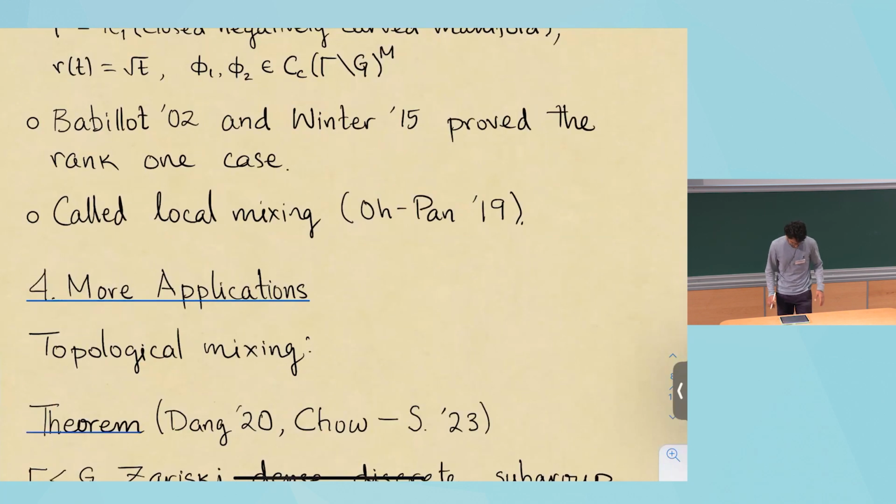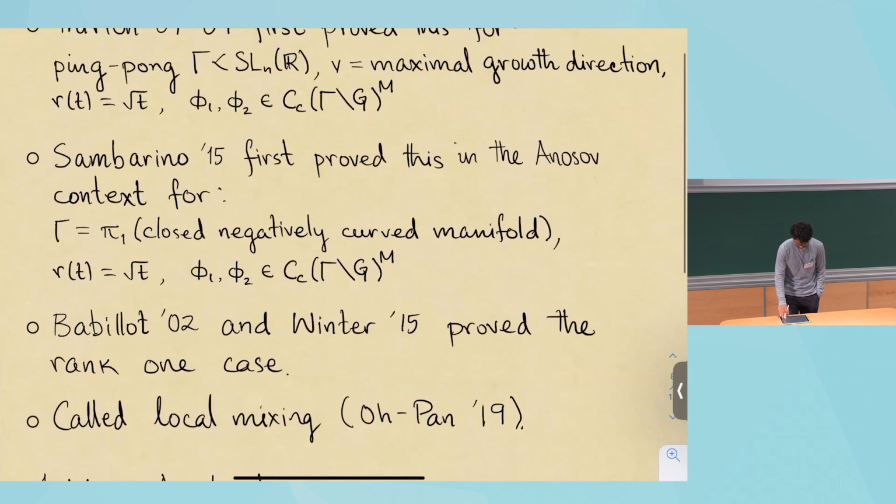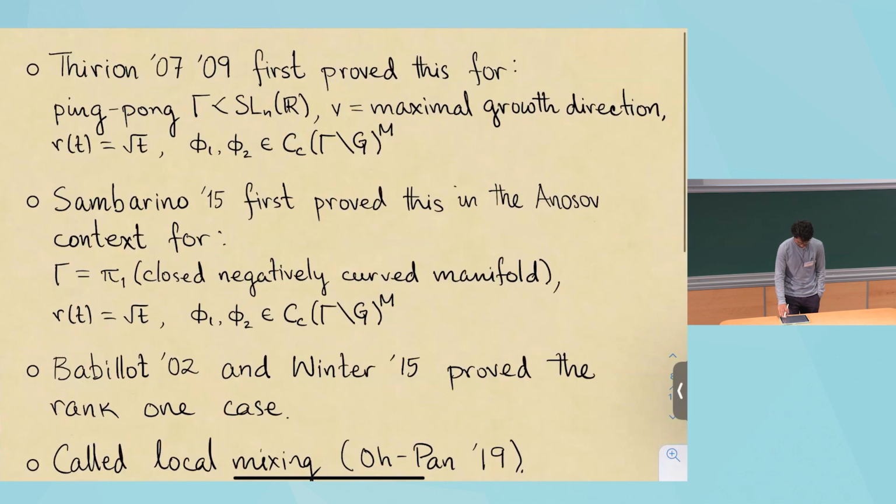And Babillot and Winter proved the rank 1 case. Babillot was for the geodesic flow, and Winter for the frame flow. So G mod gamma mod M versus G mod gamma. For the geometrically finite case, so more general than Anosov.